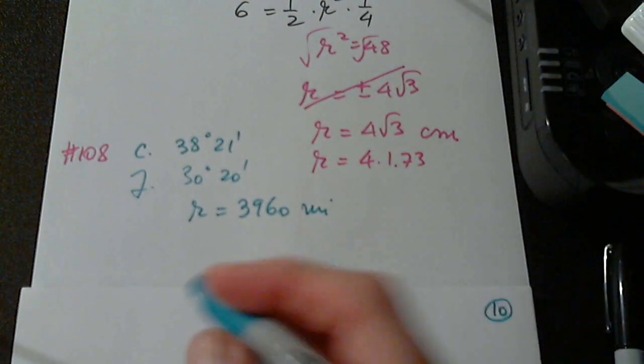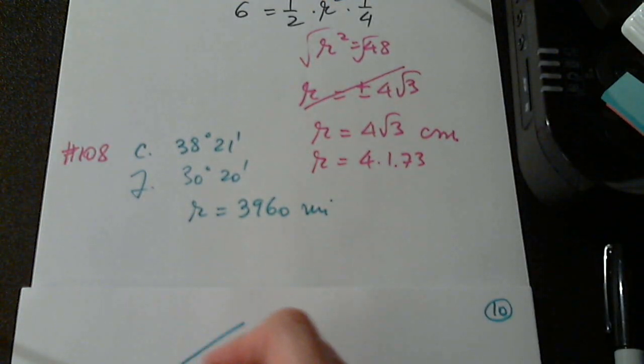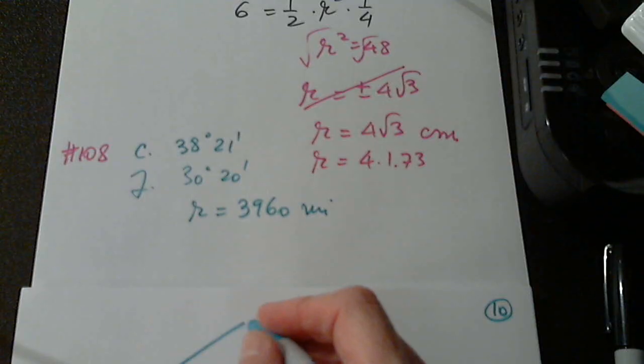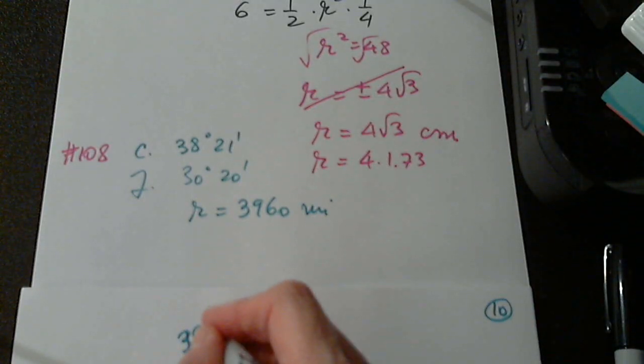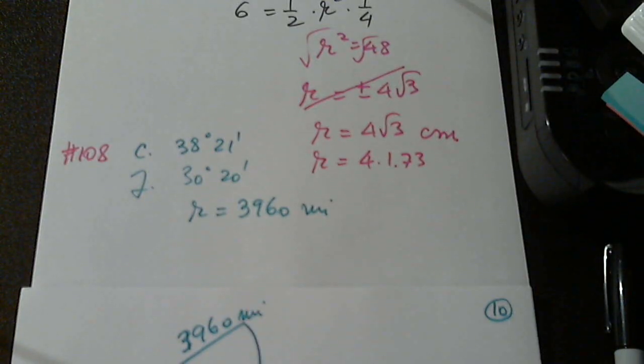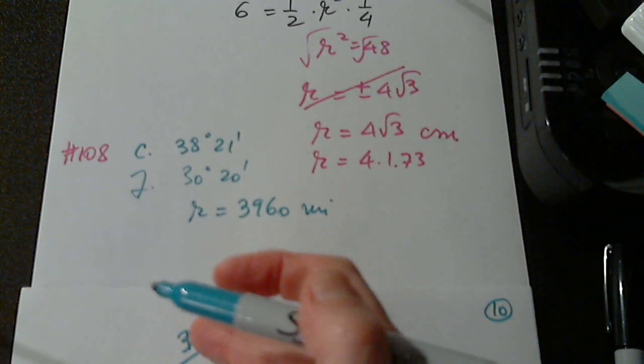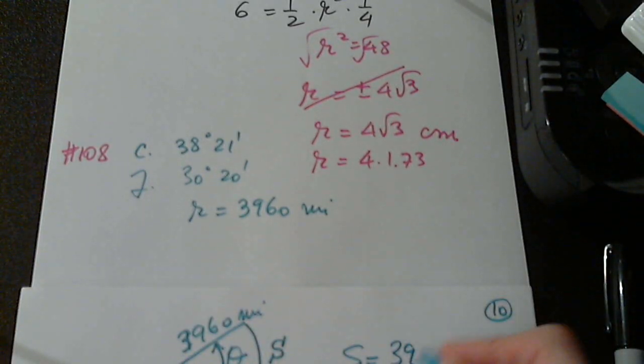We have 3960 miles here. We need to determine this angle in order to find the distance. So once I find theta, I know that S will be radius times theta. So 3960 times theta. But I cannot find the distance before I find theta.